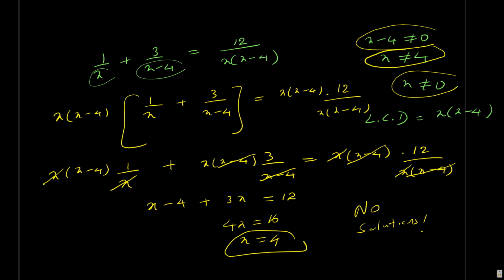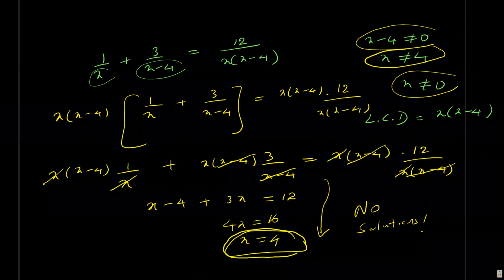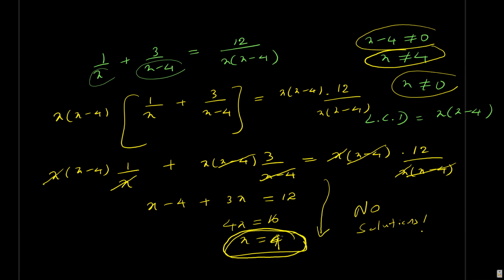Okay, so these are tricky places because a student can do up to here and leave the answer like x equals 4. Well, if the teacher is giving you partial credits, you will get some credits, but the problem is as a final answer it's wrong.